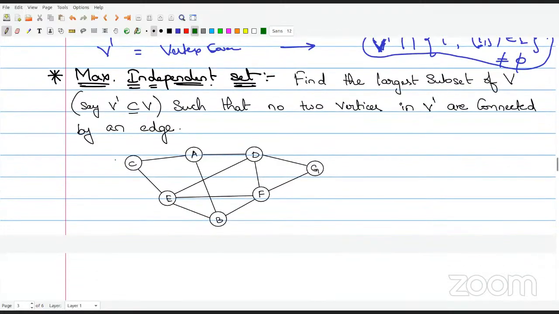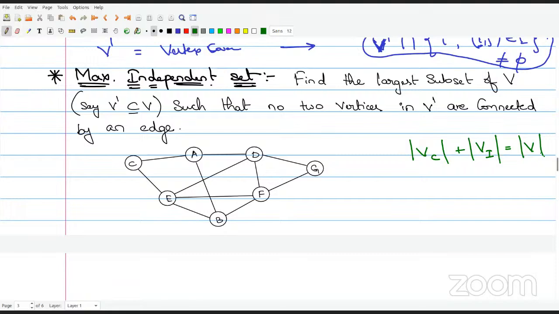Next is maximum independent set. Maximum independent set is the complement of minimum vertex cover. One good property you can see is that the cardinality of the vertex cover plus the cardinality of the maximum independent set gives you the total number of vertices.